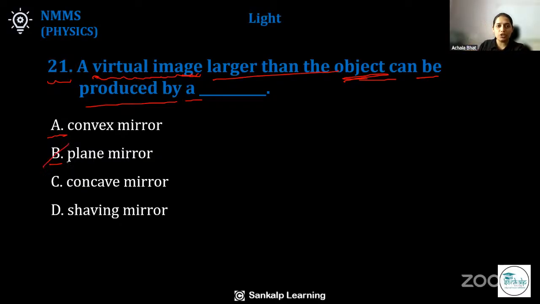Therefore, B is wrong. C, concave mirror. D, shaving mirror. Yes, the correct answer is option C, concave mirror. A shaving mirror also produces an image bigger than the object.